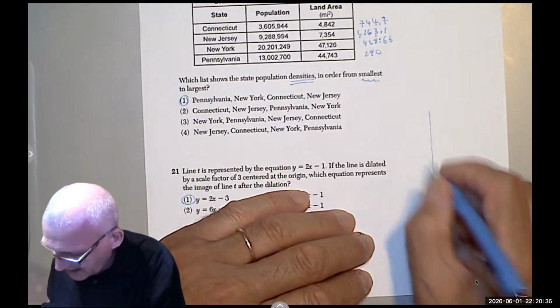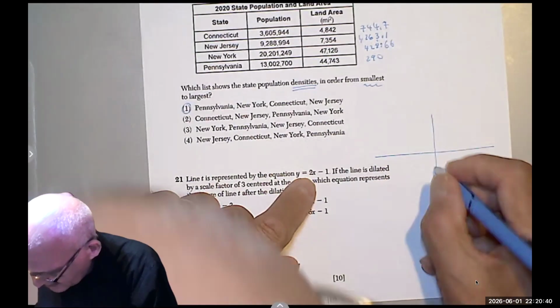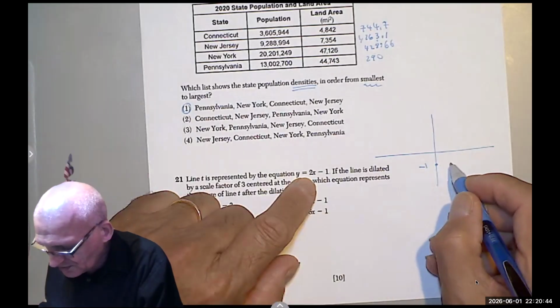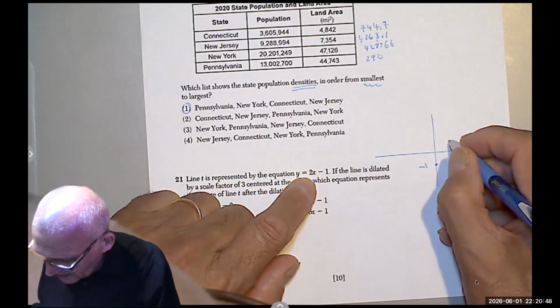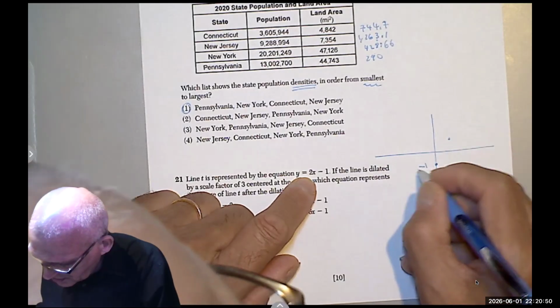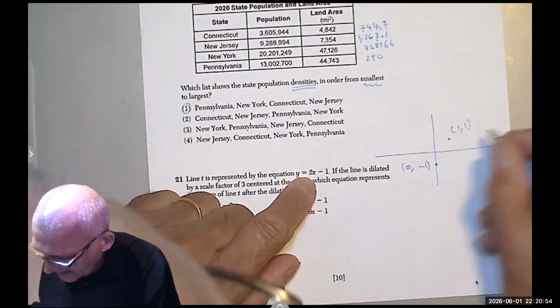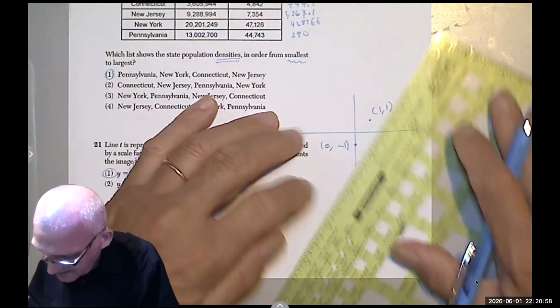Here is the line. I mean, you don't have to draw it. I'm just showing you. The negative 1 is here, and the slope is 2. So every time you move 1 to the right, you go 2 up. So at 0 and negative 1, this is 1 and 1, and so on and so forth. This is the line, something like that.